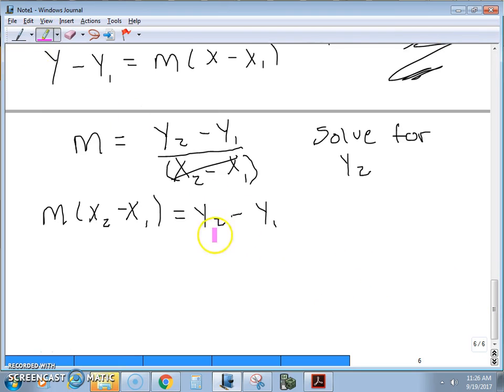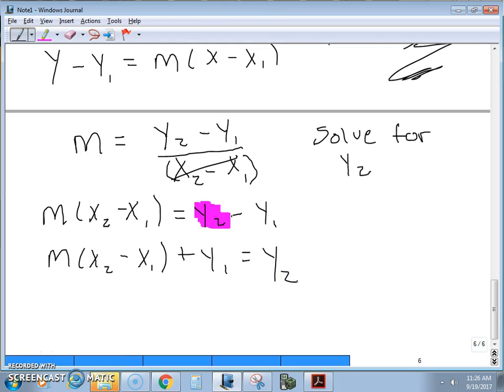Then if I want to get y2 by itself, I just add y1 to both sides. So I have m times x2 minus x1 plus y1 equals y2.